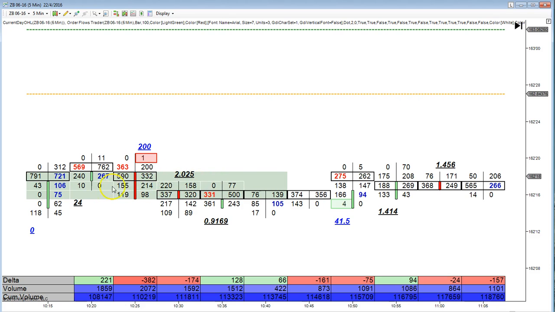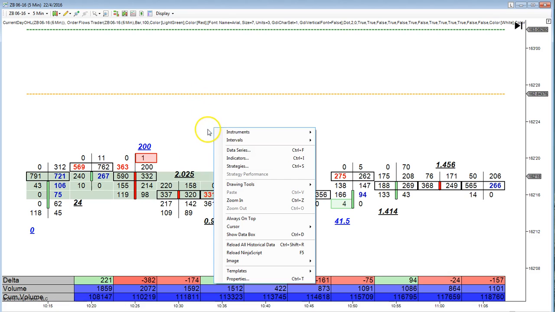Me, once I get outside the zone... the software lets you choose how many bars out you want the zone to go. You just go under the indicator setting.